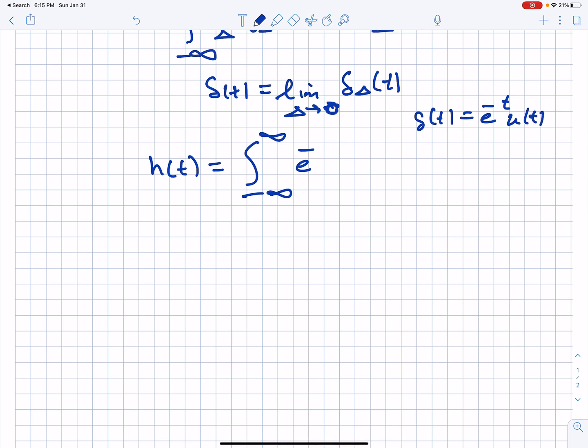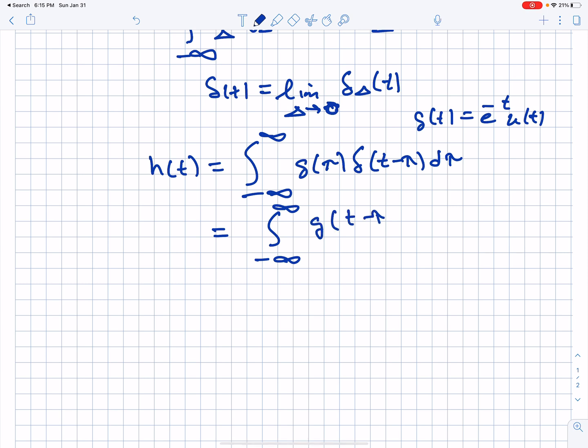Okay, so if we had e to the minus t u of t, then h of t would be, according to the convolution integral formula, the integral of g of tau delta of t minus tau d tau, which is the same thing as the integral from minus infinity to infinity of g of t minus tau delta of tau. You have a choice on which way you put the t minus tau. In this one case, I put the t minus tau on the delta function. On the other case, I put it on the g function.